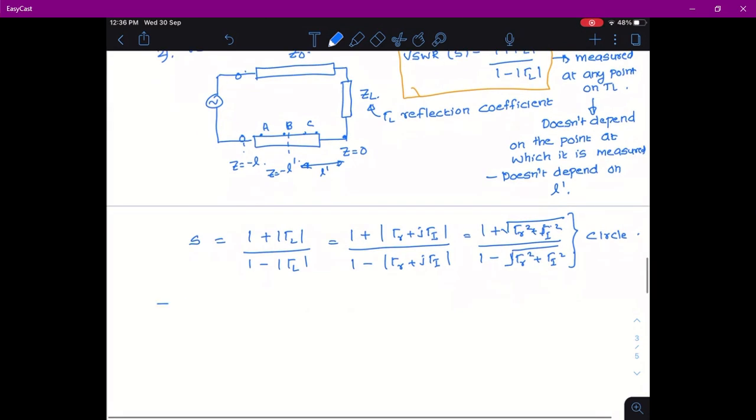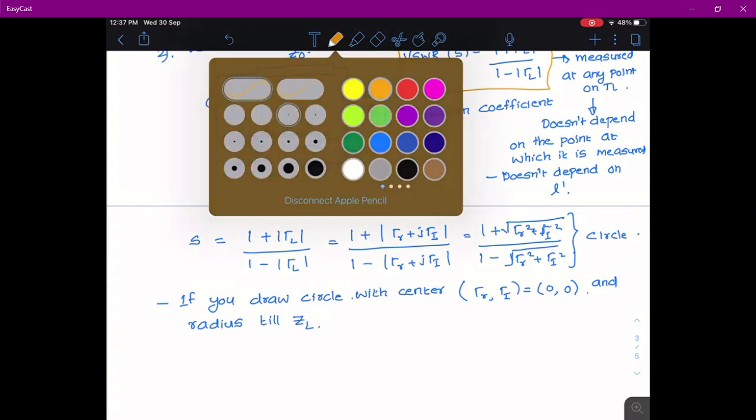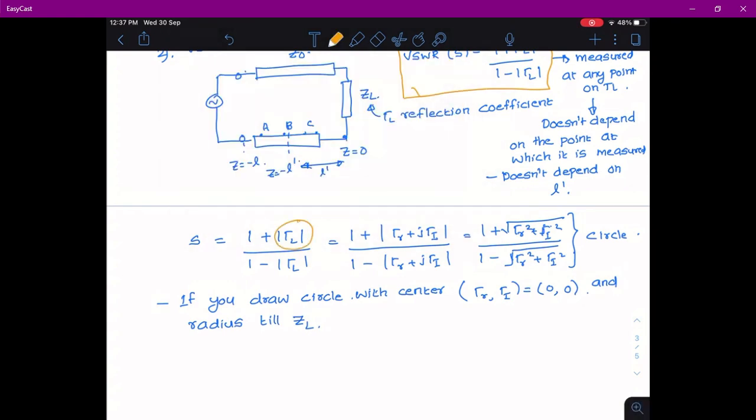So if you draw a circle with center tau R comma tau I equal to 0 comma 0 and radius till the point saddle. Why the point saddle? Because you are considering tau L. Tau L corresponds to the reflection coefficient of saddle.